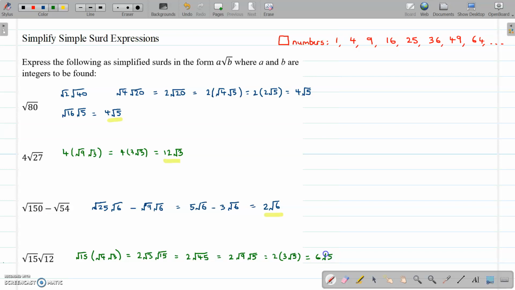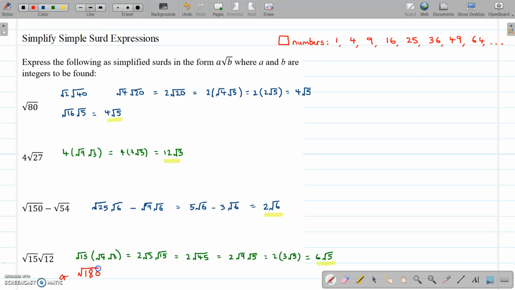Now another way that you could have got that from the beginning was to recognize that 15 times 12 is 180. So I'll do it this way as well, just so you can compare. I'll put it in a different color. So alternatively, I could have just gone straight to root 180, and you may find this easier, because 15 times 12 is 180.